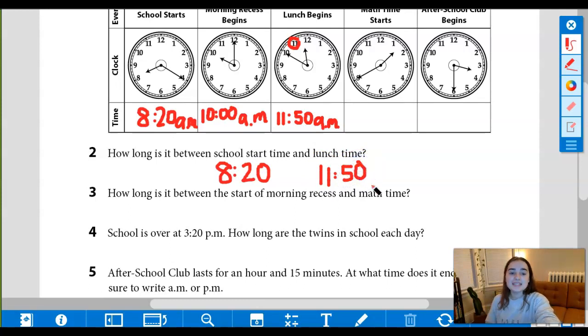In order to find the difference between these two times, or that elapsed time, remember the difference means we need to set it up like a subtraction problem. Okay? You could set it up like a subtraction problem, or you could use a number line. Okay? I'll show you both ways.